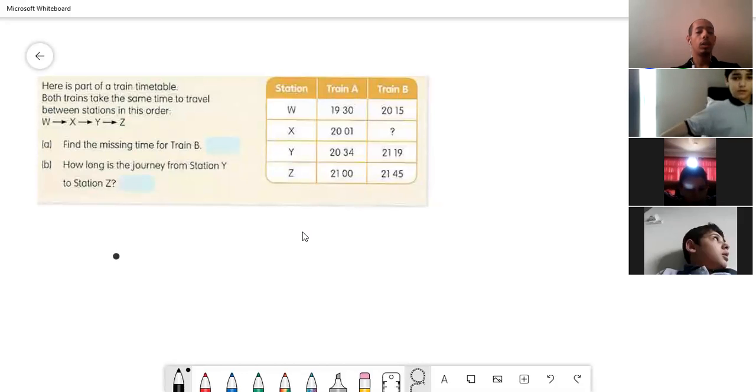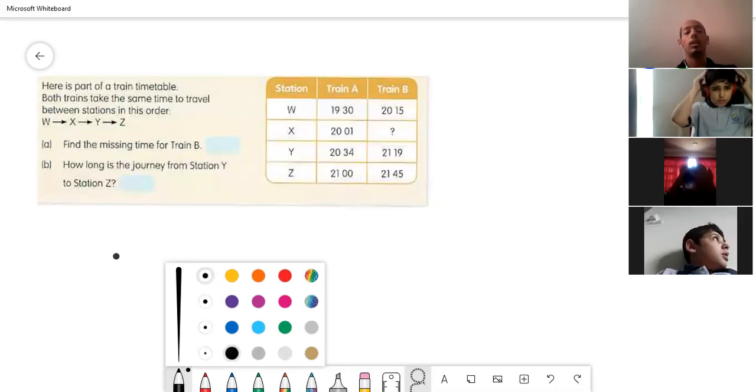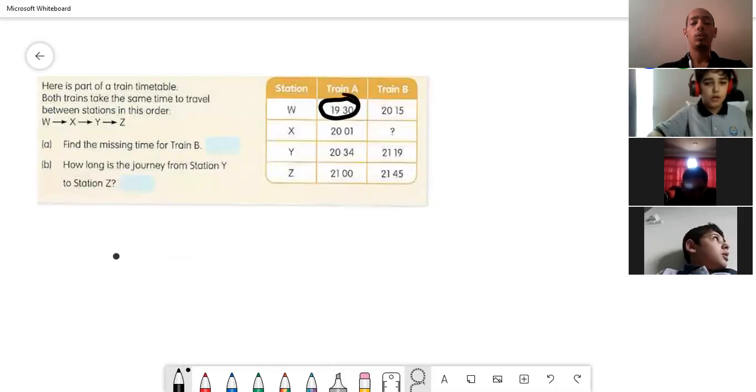It is a part of a train timetable. Both trains take the same time to travel between stations in this order. What does this mean? For example, train A to travel from station W to station X is going to take some time, right?